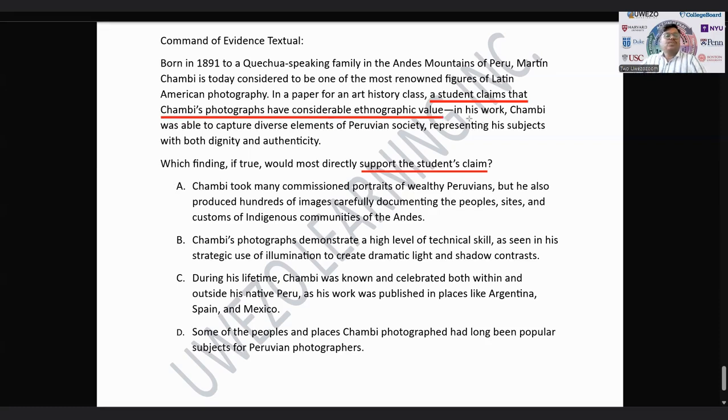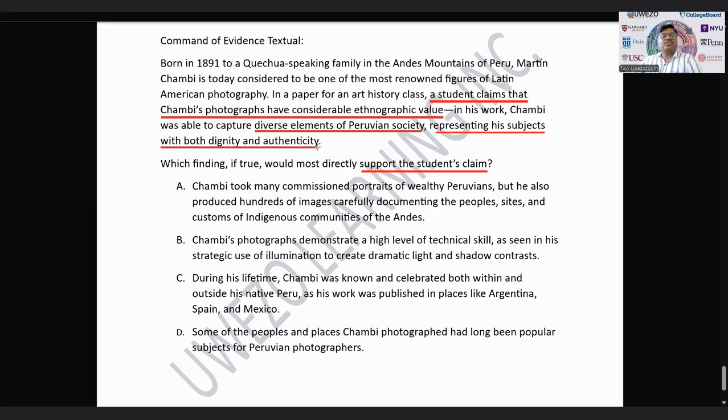In his work, Chambi was able to capture diverse elements of Peruvian society, representing his subjects with both dignity and authenticity. So the first sentence of the text talks about this person Chambi, and the next sentence talks about a student's claim about this person.